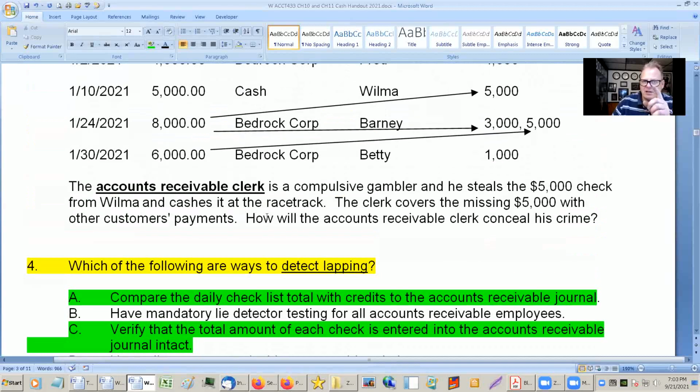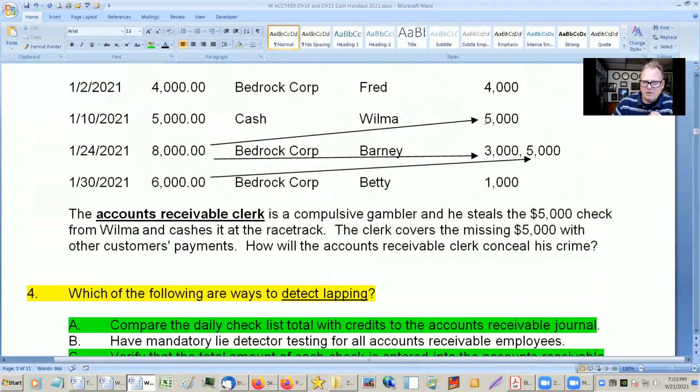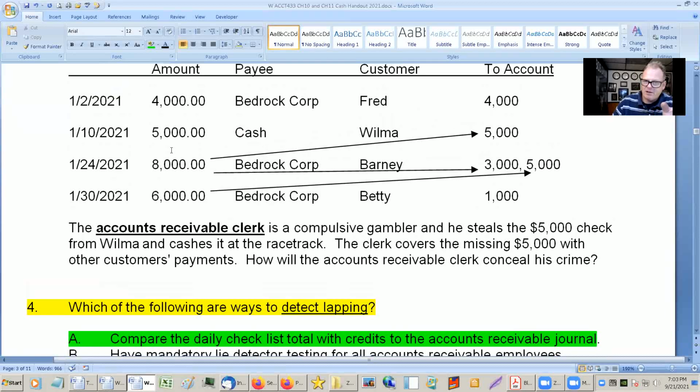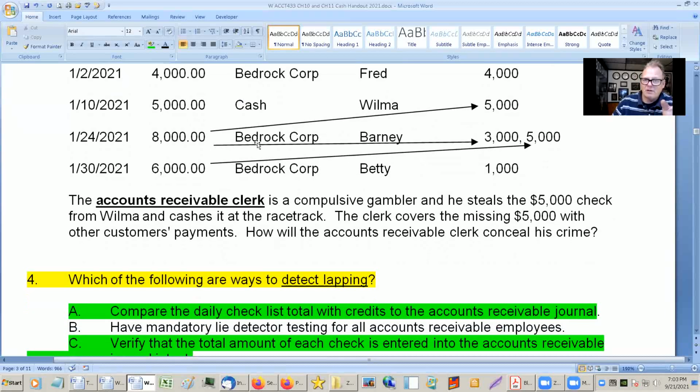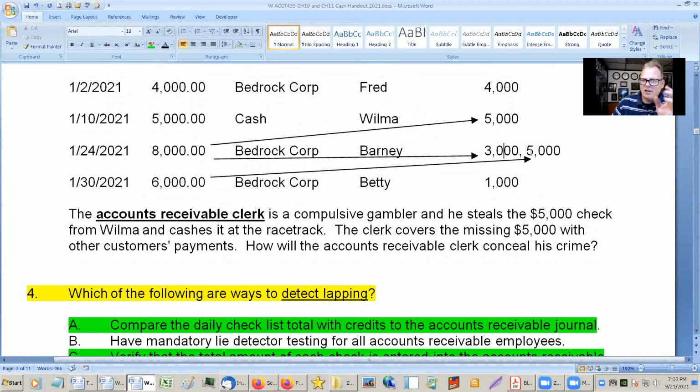And this one is actually maybe even better than the first one. They're both good, but you'll notice something here. If someone deposits $8,000, common sense would say they want all 8,000 of that to go into their account. So if you go to the checklist, and someone wrote a check for $8,000, you should see $8,000 applied to one account.